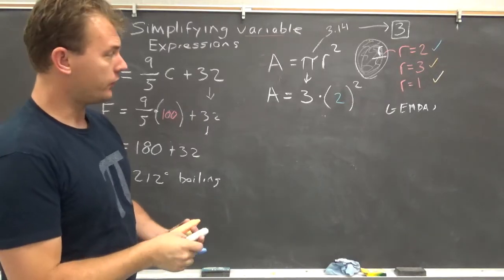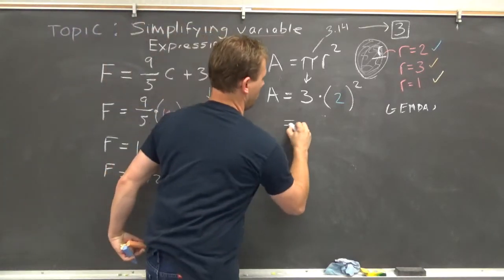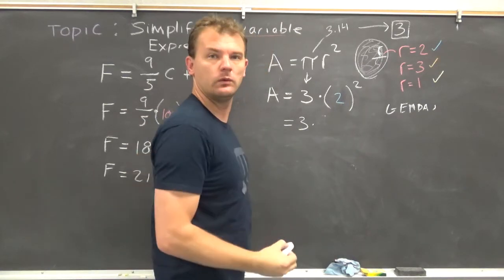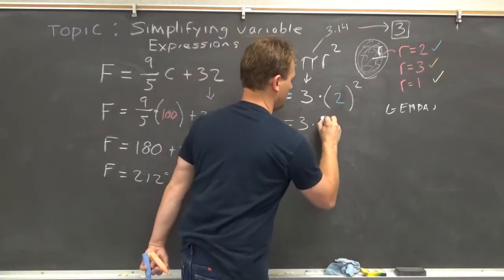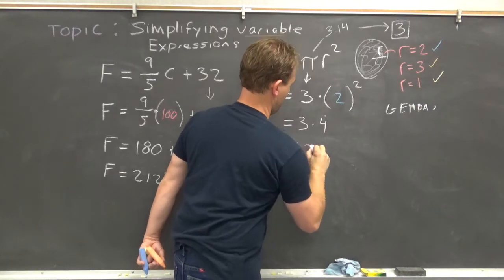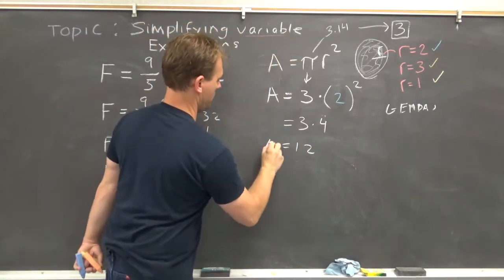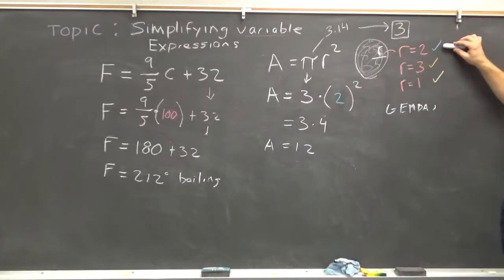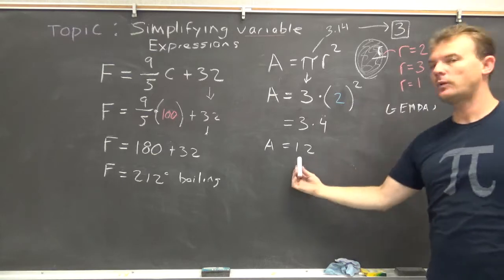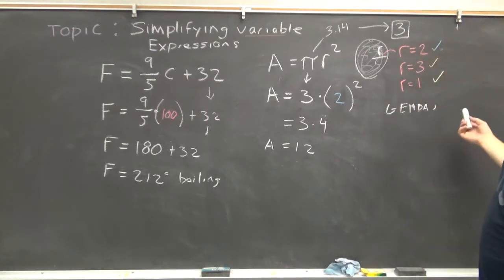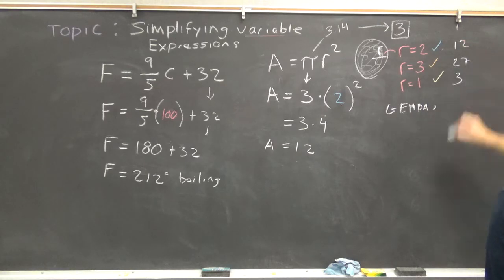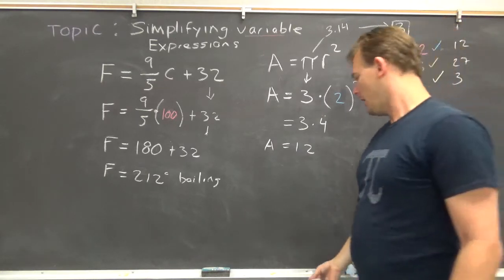Now if we put in 2, we got 3 times 2 times 2, 4. And we got 12. So when the radius of that circle is 2, you get 12. So really, you're having 3, 27, and 12 as your outputs.